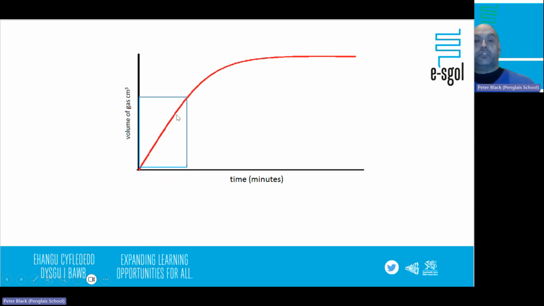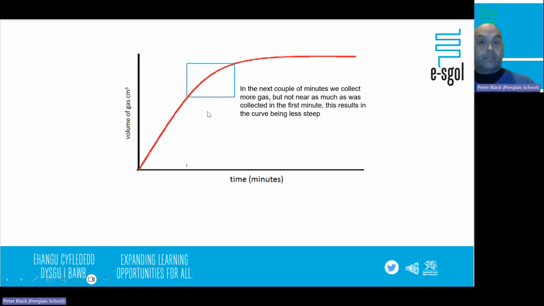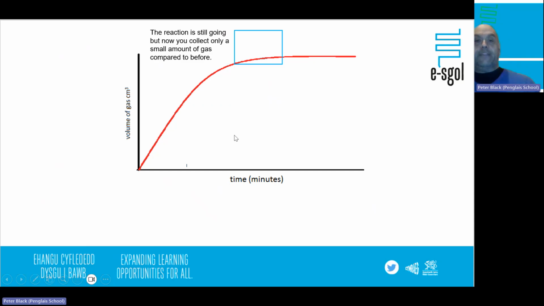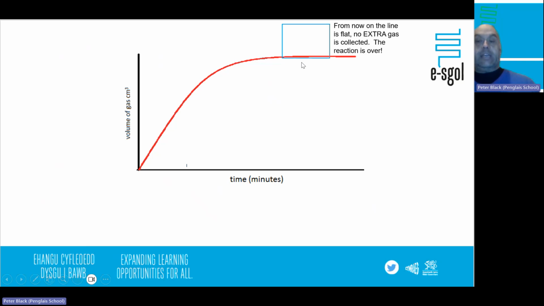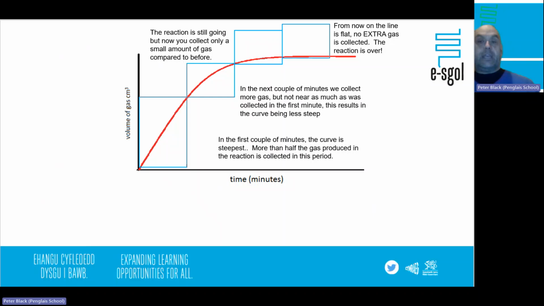You're collecting more gas in a short amount of time. But as it gets less steep, this is showing us the reaction slowing down. We're still making gas every minute, but it's less and less gas with every minute. Eventually we get to this point where effectively the reaction is almost over. There's been very little gas formed over these couple of minutes, and that's telling us the reaction is slowing down. And eventually we get to this point where it goes flat, and that means the reaction has actually finished. So that's an important slide for you.